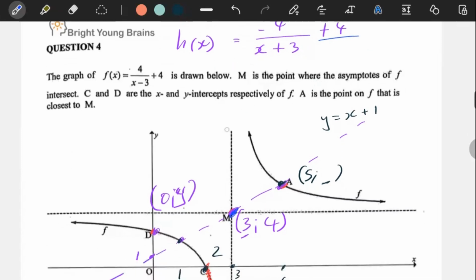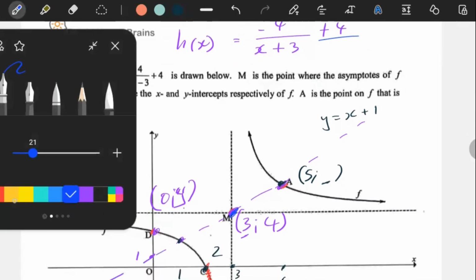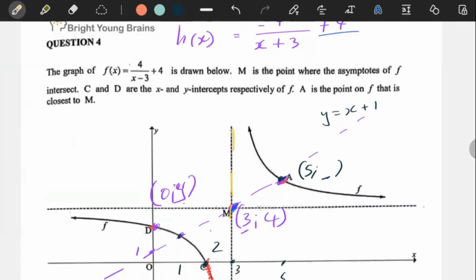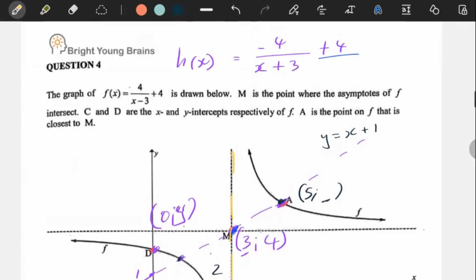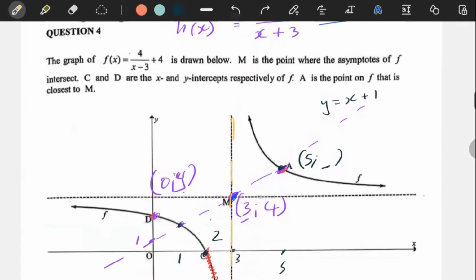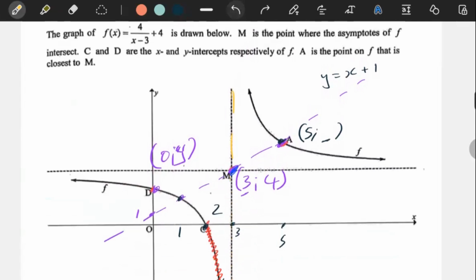So the one asymptote is a 4. Let me just draw it in yellow, maybe, or orange. And then no, that's not the y asymptote, my guy. The y asymptote is still a 4, right? So let's do that. The x, however, is now a negative 3.